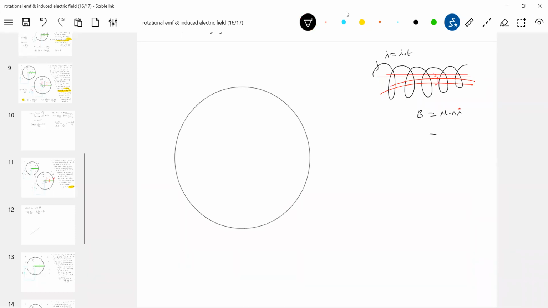As i is variable, B is mu naught N i of t. So look at the field produced inside the solenoid, a solenoid of radius a. I'm placing it here, seeing the cross-sectional view, and the B vector is uniform everywhere.